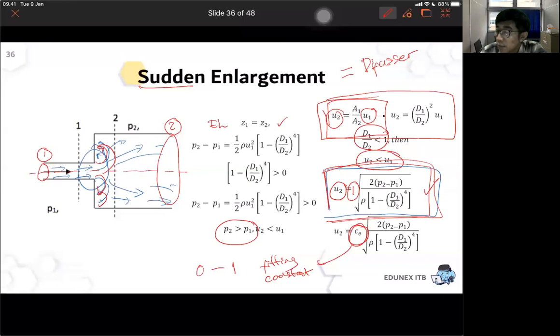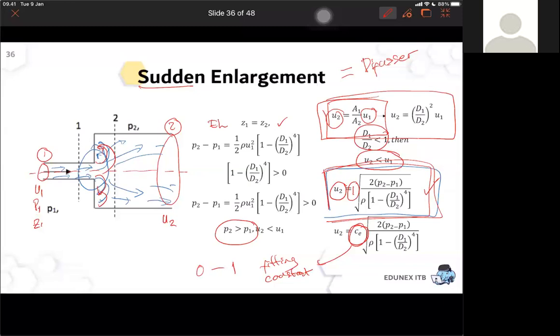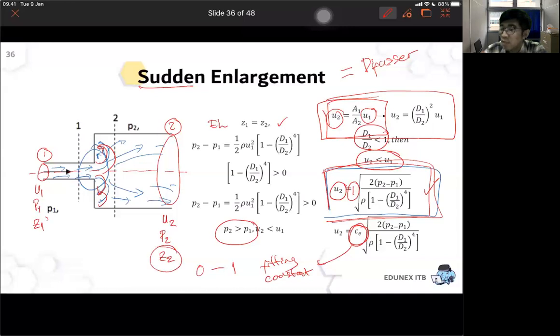No, U2 is the velocity at point 2. This one is the velocity at point 1. So you have velocity, you have pressure, and you have potential, right? But Z1 and Z2 are the same, so you only consider the pressure and the velocity.